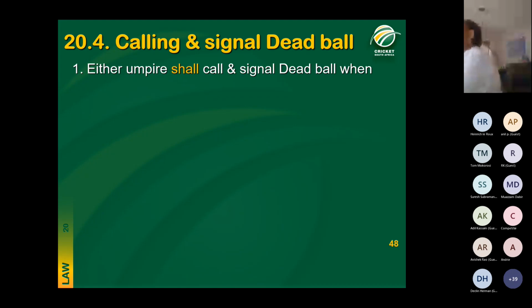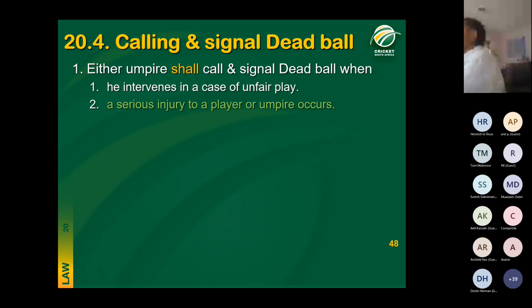I've just alluded to there are times where you need to call and signal dead ball just to inform everyone. The players don't know the law, so if incidents happen when you need to call and signal dead ball, call it loudly, just to inform the players. The highlighted portion here is when a serious injury to a player or umpire occurs, either umpire can call and signal dead ball.